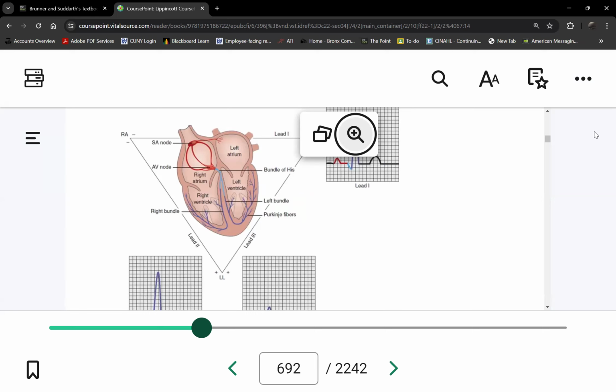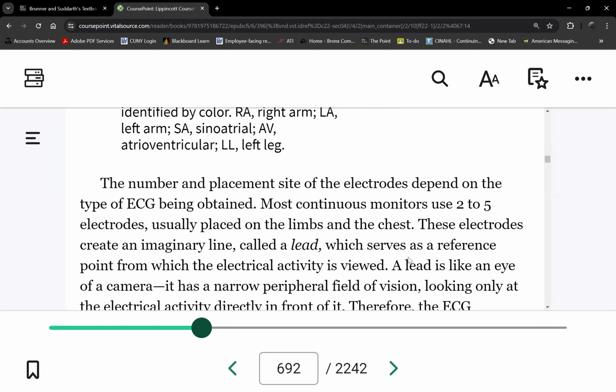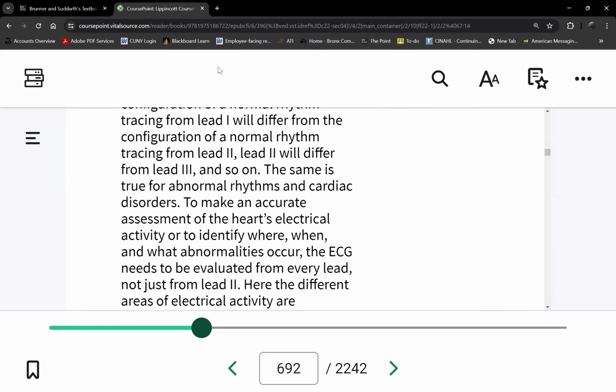Okay, so let me show you a picture of a 12-lead ECG because there's none in your textbook.